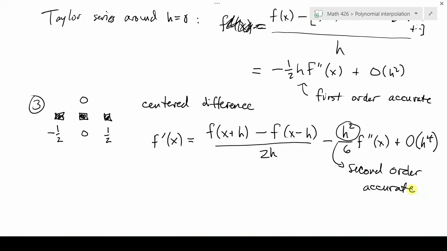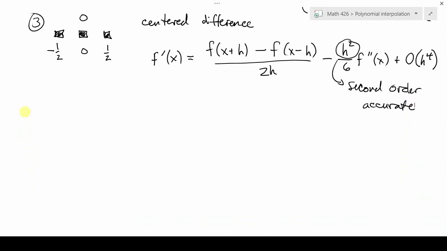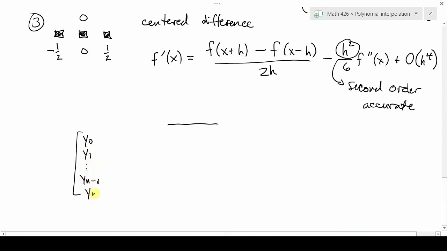Okay, so one last thing to tackle with these. Let's go back to our vector of data. And we want to find a way to map that to the vector of approximate derivative values.